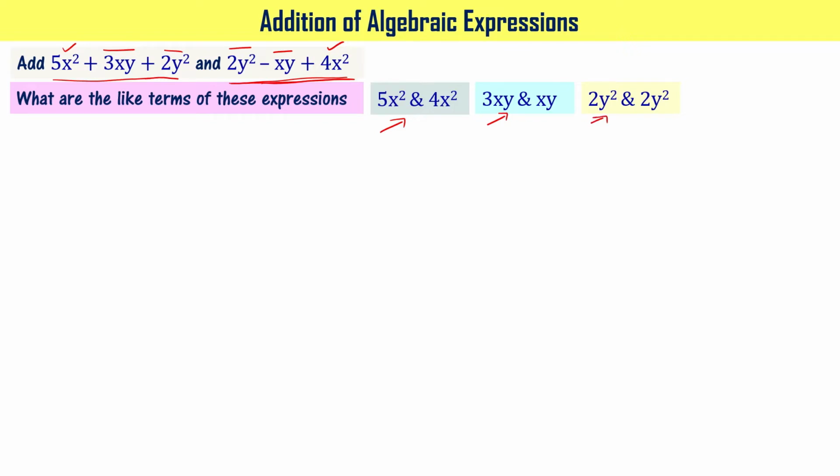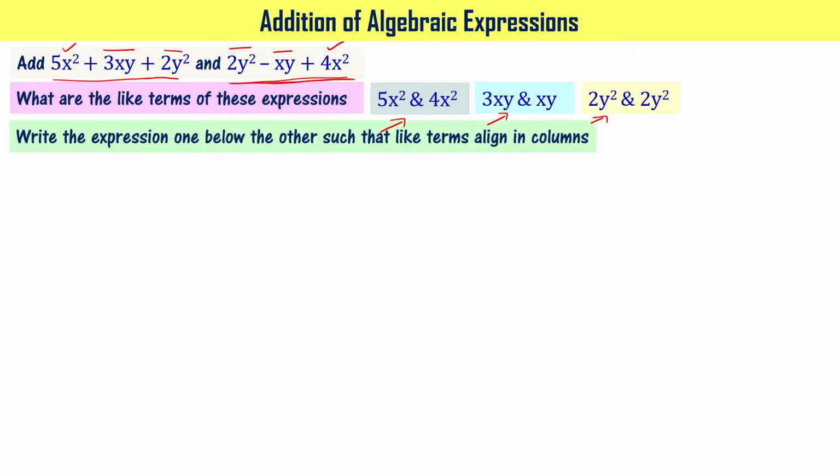So what I'm going to now do is, let's write the expression one below the other, such that the like terms align in columns. It means 5x square and 4x square should align in one column. 3xy and xy should align in another column. 2y square and 2y square should align in the other column. When you write these expressions one below the other, you have to get that arrangement.